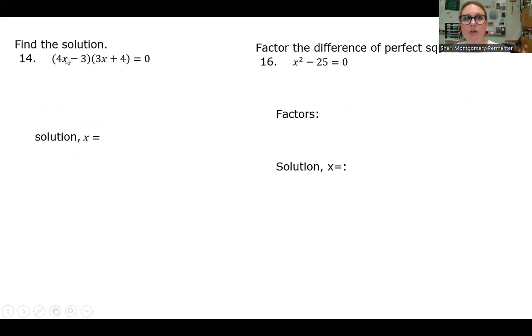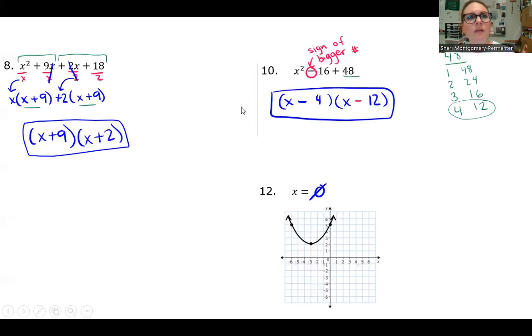The next question, question number 14. For these, if you have factored form, it is really simple to find your solutions. All you have to do is set each factor equal to 0 and solve. That's what you should have learned last class. So to find the solution in factored form, these are factors.